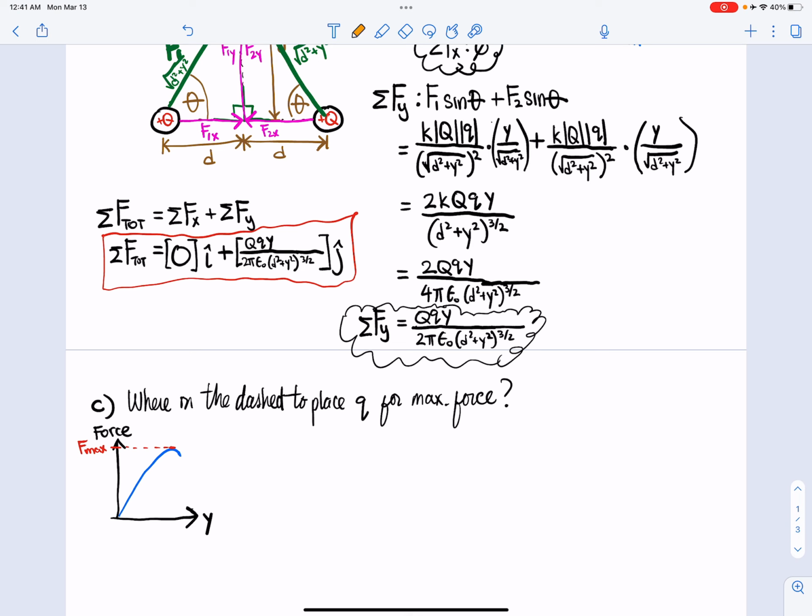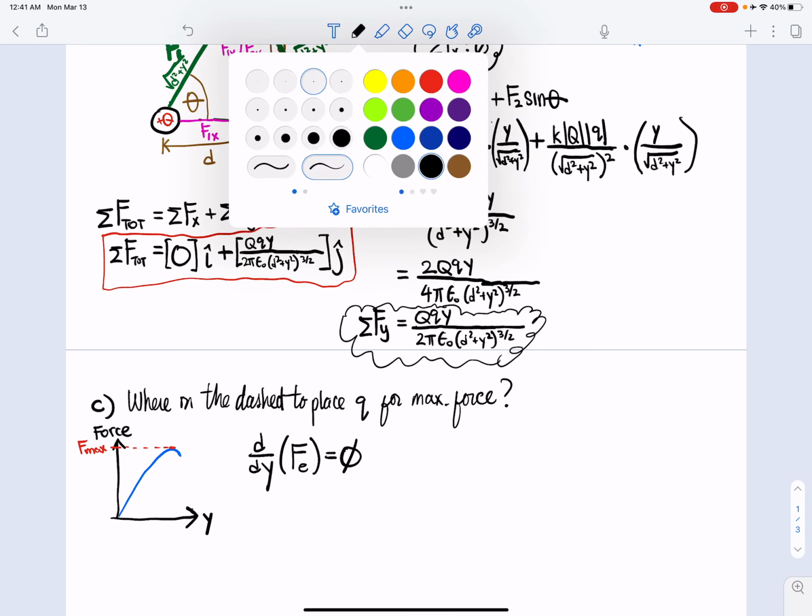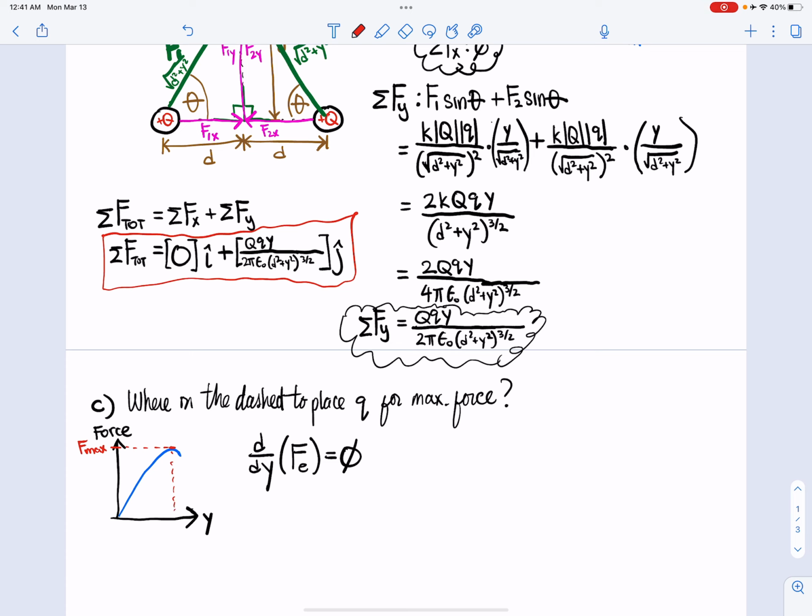So I want to find where my derivative d over dy of my electrostatic force is equal to 0. That's where I would put my Q for maximum force, at this point where my derivative is 0.